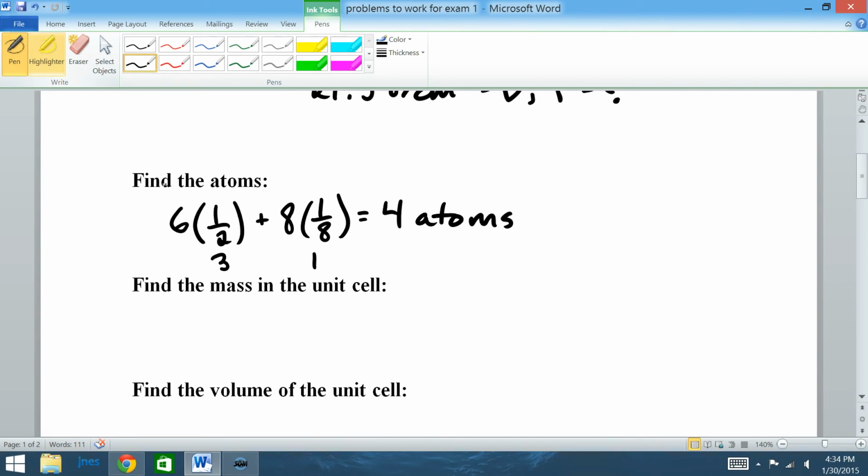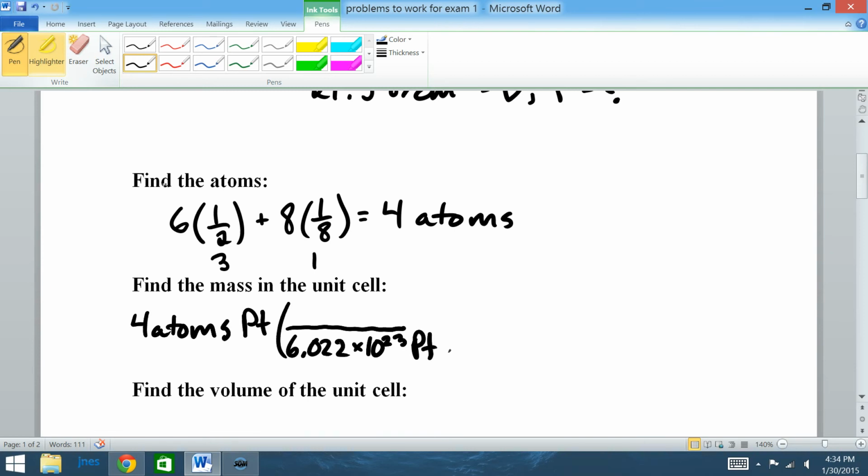Okay, next up is to find the mass in the unit cell. So we have 4 atoms. And this is not just 4 atoms, it's 4 atoms of platinum. Now we can take this to moles because we know that there are 6.022 times 10 to the 23rd platinum atoms for every 1 mole of platinum.